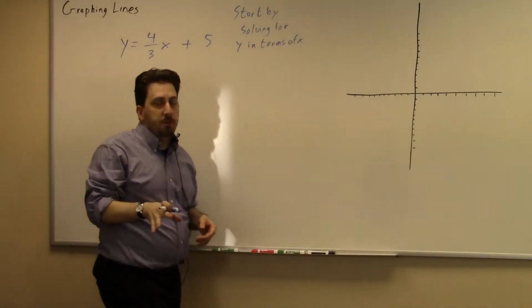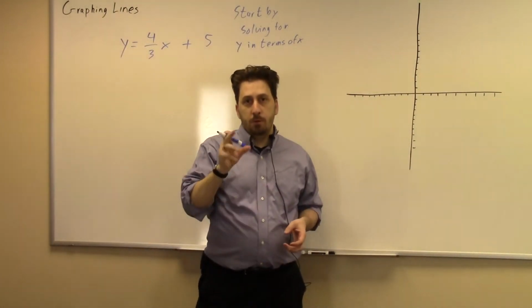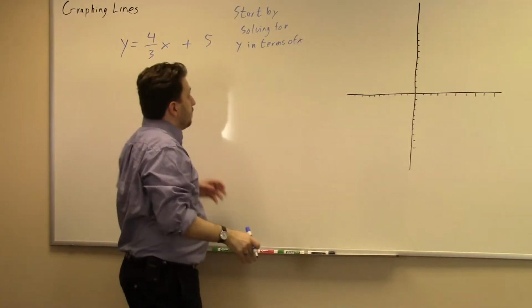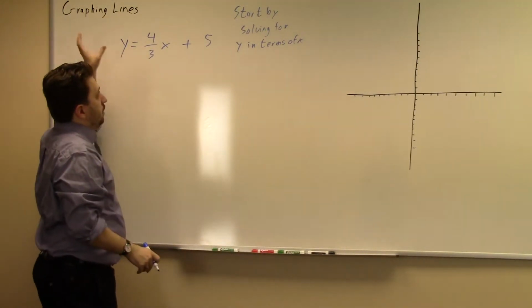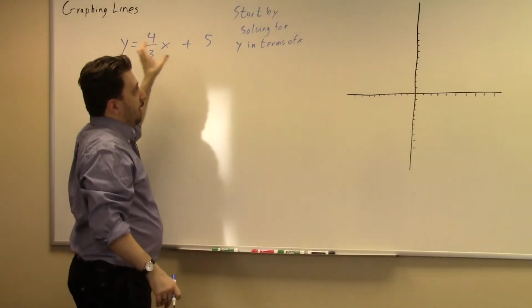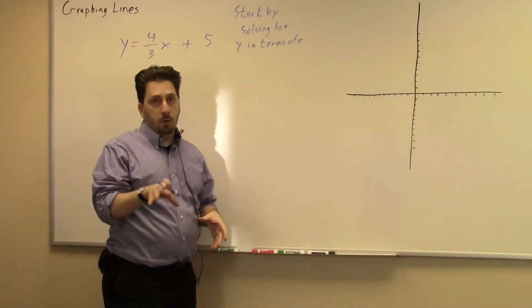Now, most of the time, this has already been done for you. The problem will give you the line like this, where you've got y equals something x plus 5. And ideally, that's where you want to be. That's where you want to go.